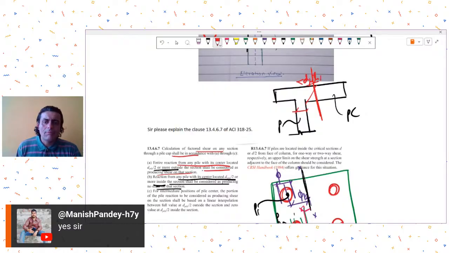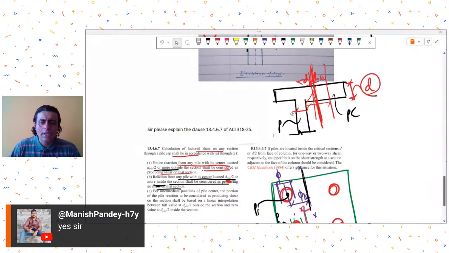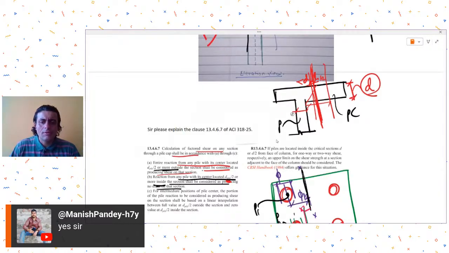Remember, they have written d pile over 2 because d/2 is the critical distance, but I'm just wondering why they have not taken d of pile cap. I would have assumed that this was the d effective depth of the pile cap and not pile, but anyway they have written pile over here. So if this section is closer than d pile/2, then you need not consider any shear, and if it is away from d pile/2, then you consider the shear in terms of the reaction on the pile. That is what is being told.